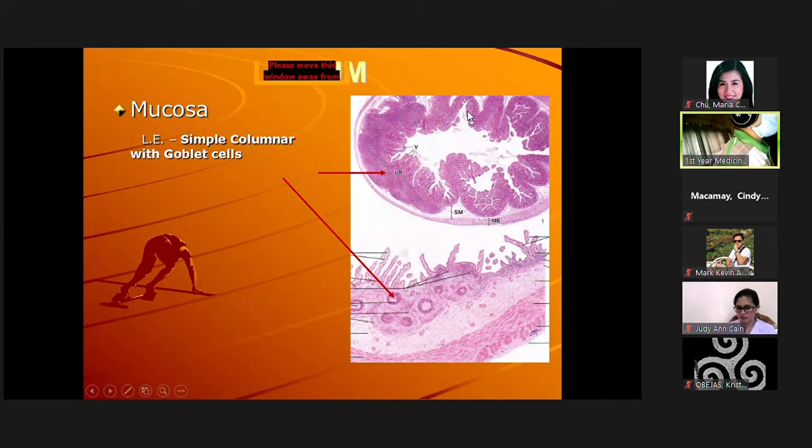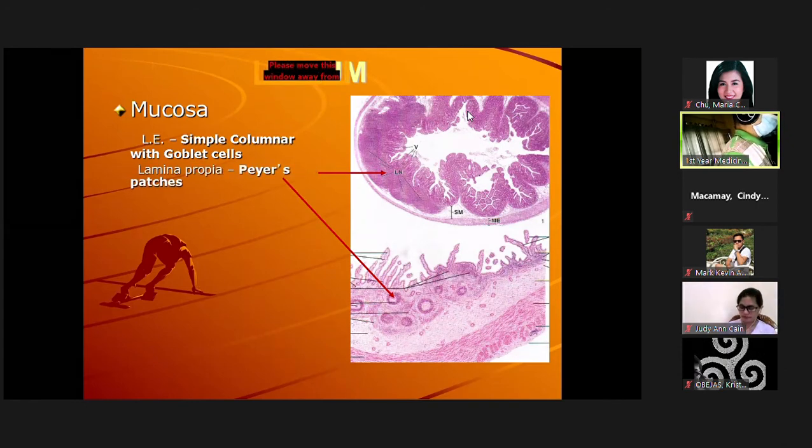This one is columnar. This is your lining epithelium. Now, if I ask you what is the lining epithelium of your ileum, and you answer only simple columnar, it's wrong. It should be complete, with goblet cells.